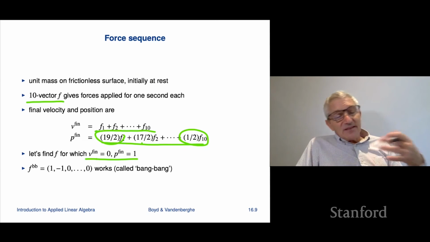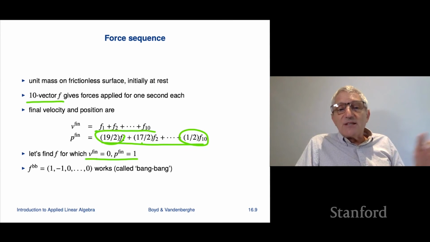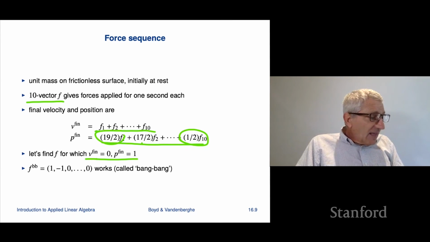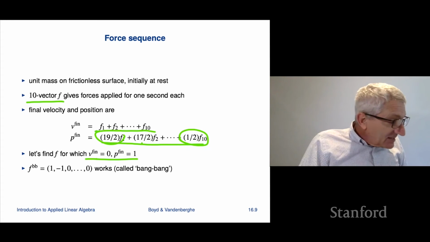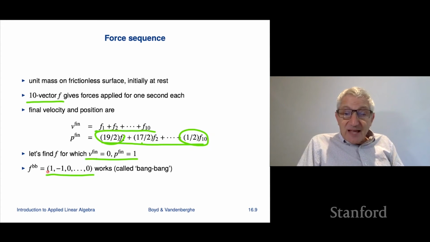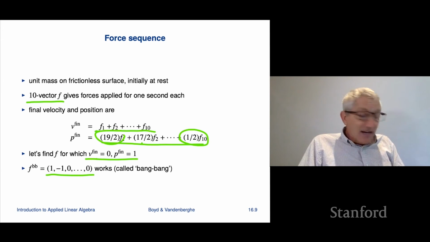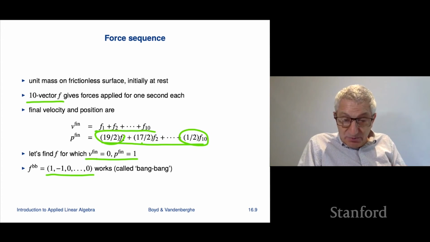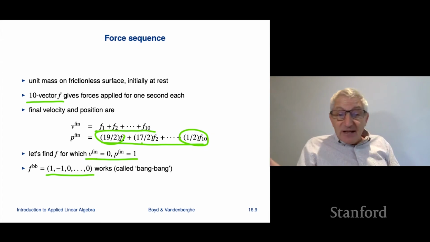Okay, now there's a ton of force sequences that do that. Here's a simple example. If you apply a 1 Newton force, so you push it real hard, it'll accelerate after 1 second to a speed of 1 meter per second, right? It'll have gone half the distance.